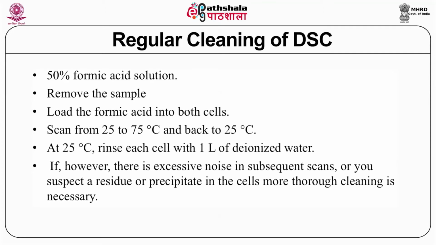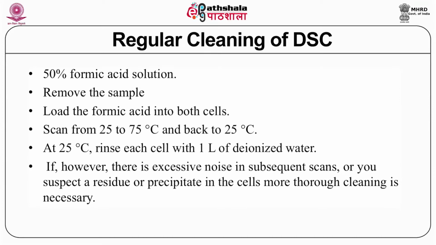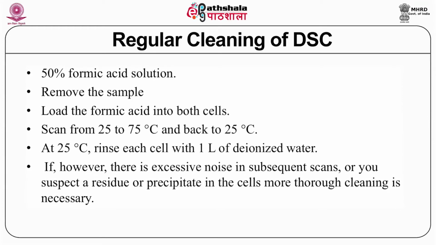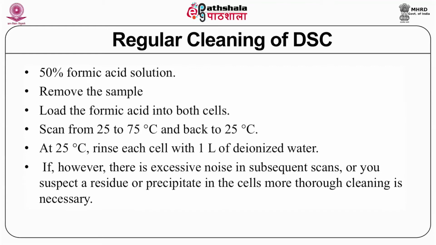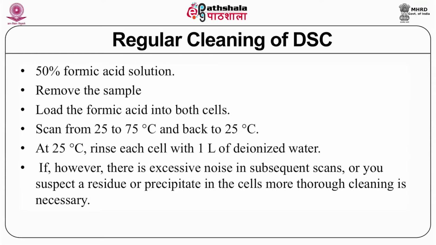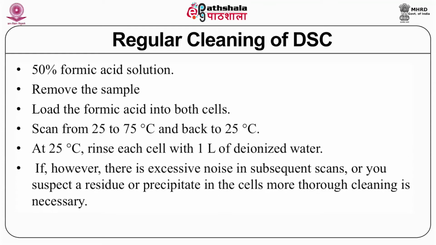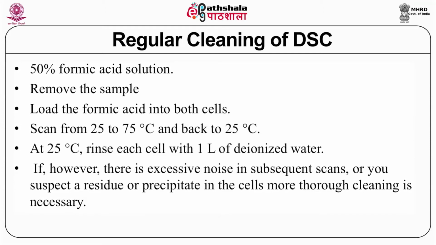If however there is excessive noise in the subsequent scans, then there is a suspicion that there is a residual or precipitate. That is one indication that your cell is not clean, because it keeps giving background noise in the baseline. Therefore, it tells you that you have to clean it properly.